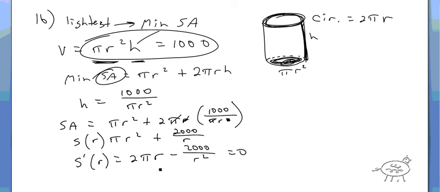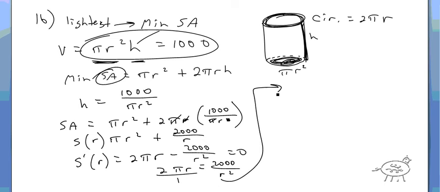So I get 2 pi r equals 2,000 over r squared. And I cross multiply here, and I get r cubed times 2 pi equals 2,000. And I get r cubed equals 2,000 over 2 pi. It's kind of a messy number, but that's okay. We're just going to deal with it.